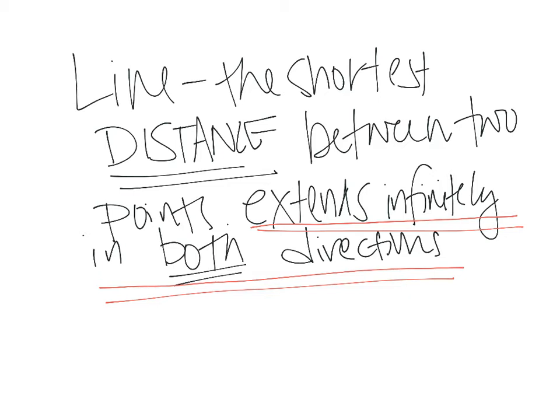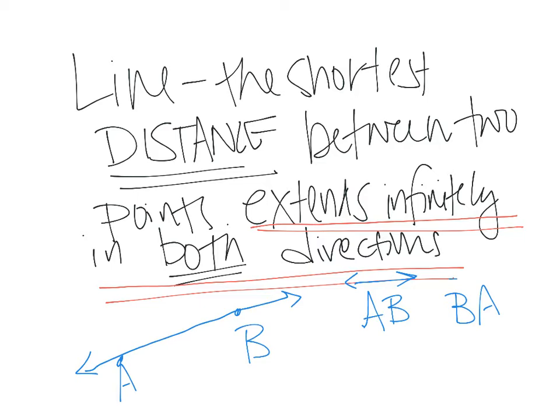So let's say we take two of our points. We'll go back to A and B, and we connect those, and we let them go on and on and on forever. This would be line AB. I can call it AB with the line symbol on top. I could call it line BA with the line symbol on top.